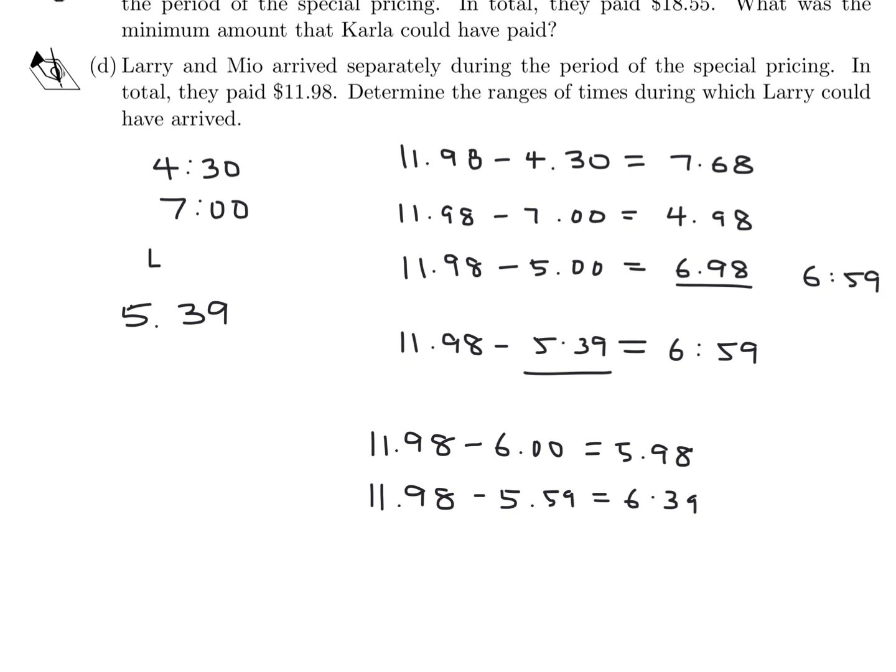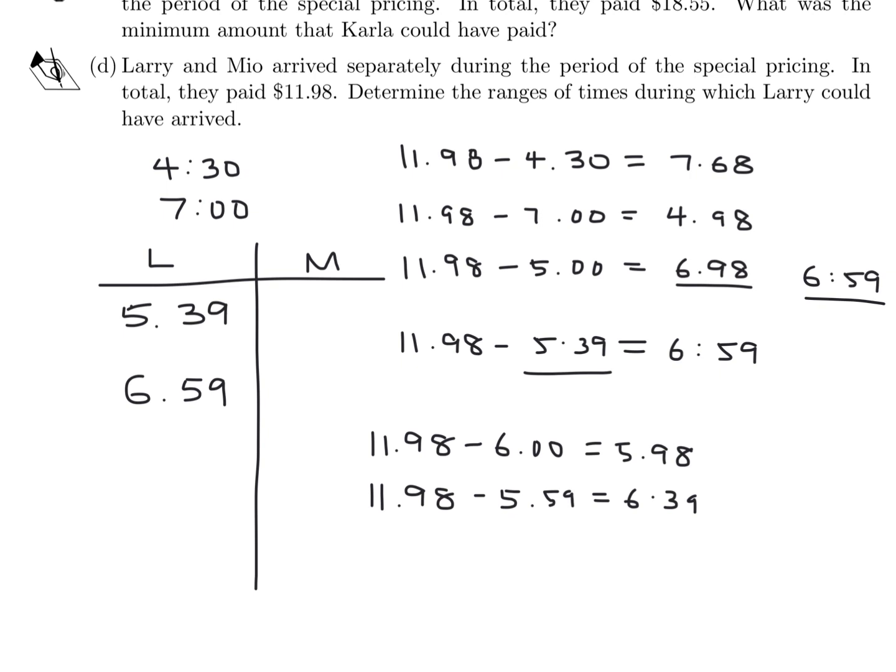Okay, so if this is Larry, this is Mio. So we got a little bit of a range here. Larry could be 5:39 to 6:59, right? Because 6:59 is the last price that could also be a time.